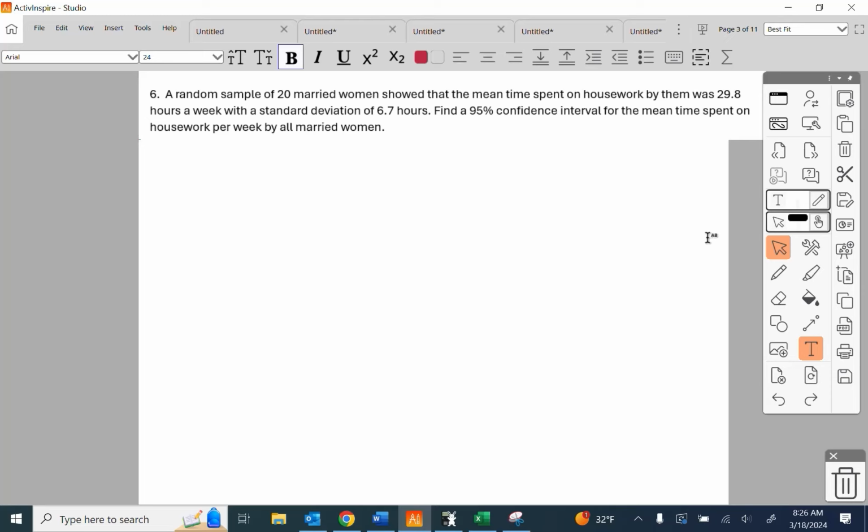I wish my wife did 29 hours of housework a week. I'd have a lot less to do when I got home. With a standard deviation of 6.7 hours. My wife is way on the left of the bell curve on that. I'm trying to find my pen here so I can do some writing.